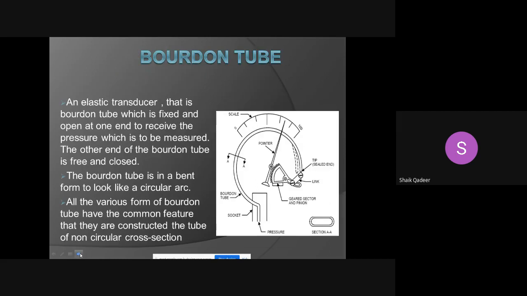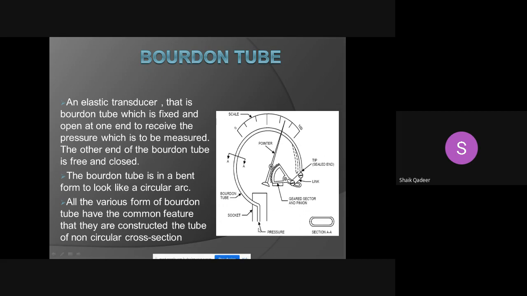Okay. Next elastic element is nothing but Bourdon tube. I told you Bourdon tube is like the tube of a tire, which expands or contracts based upon the pressure applied. So it is having one open end and one closed end.